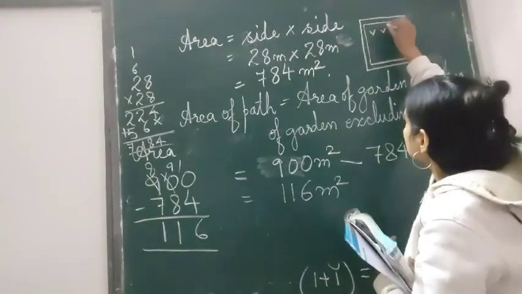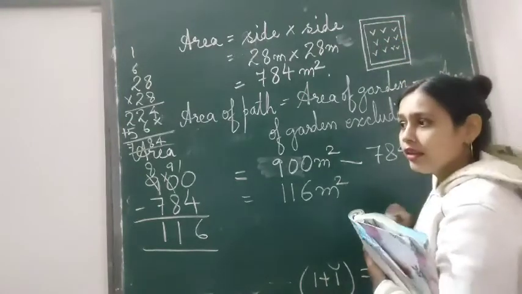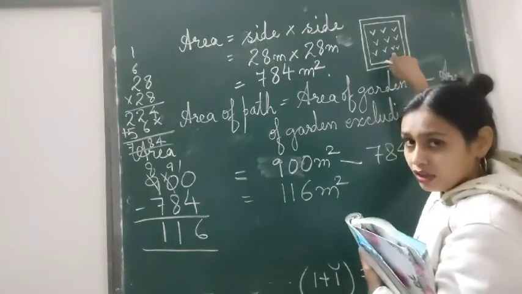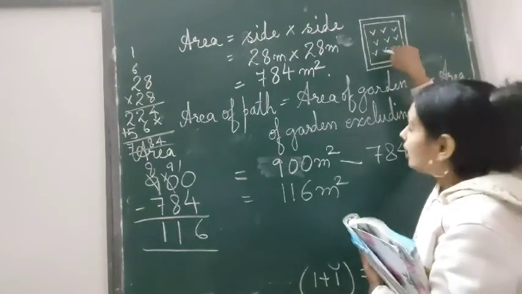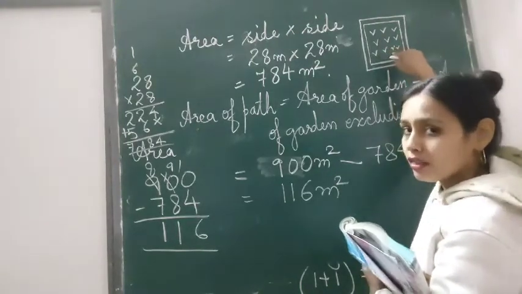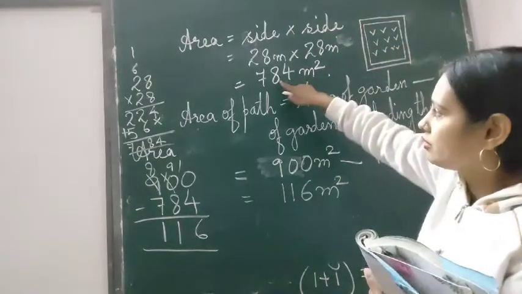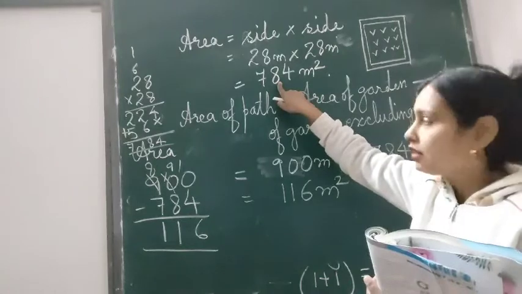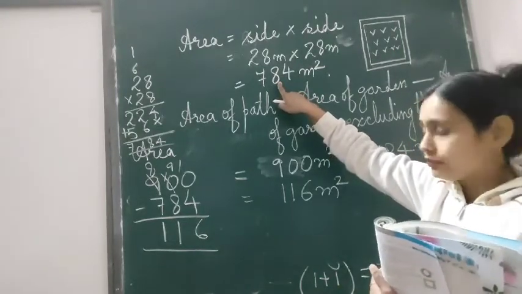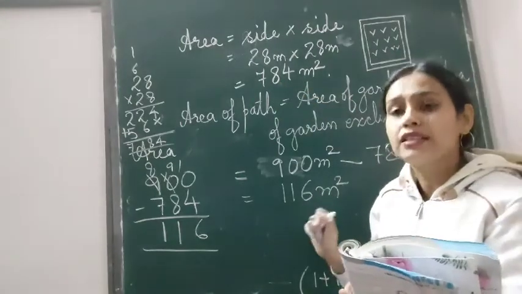So we are planting the grass here, the inner square. Okay, so that means we need to find out the cost of planting the grass in the remaining portion of the garden where the path is not constructed. In this area the path is not constructed. The path is excluded here. So now we will find the cost of planting the grass.